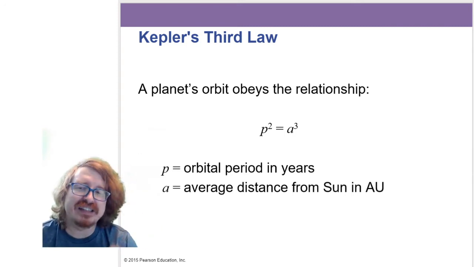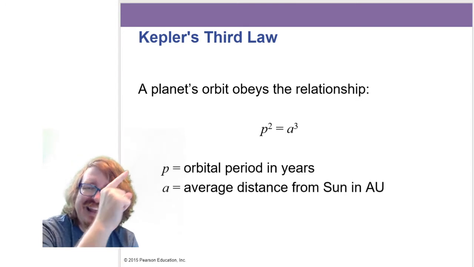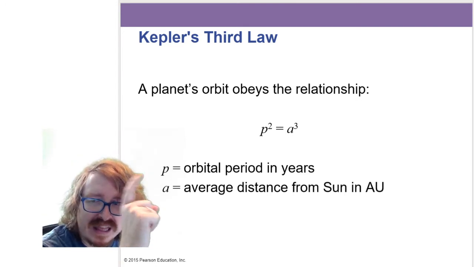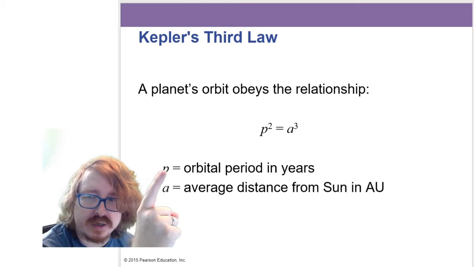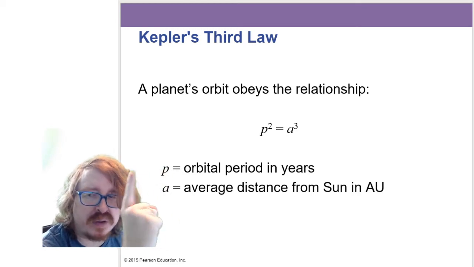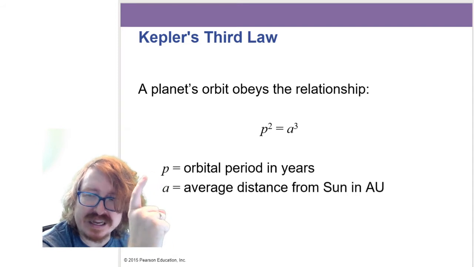So let's check this out. Can anybody figure out in more layman's terms, in regular language, what is orbital period? If I talk about the orbital period of a planet, what am I talking about? What does orbital period mean, if you were to take a guess?